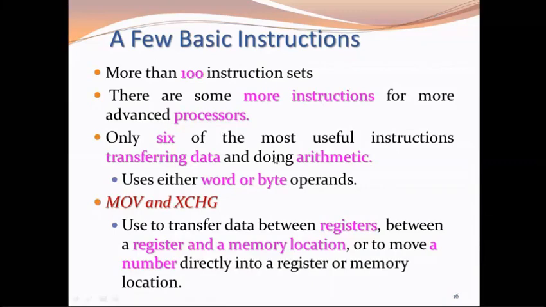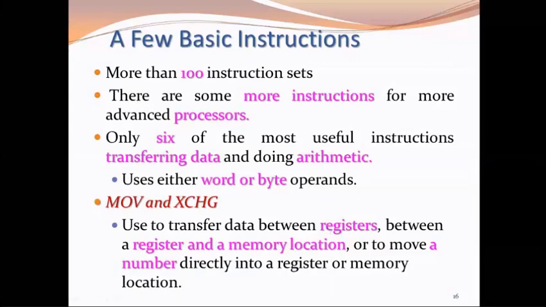So only 6 we are going to practice, and the move is the first one. What is the purpose of the move? The purpose of move and exchange is just for transferring data. Look at this, from where to where we can transfer the data. This is important to understand. Let me repeat, from where to where we can transfer the data. You can transfer the data between registers.